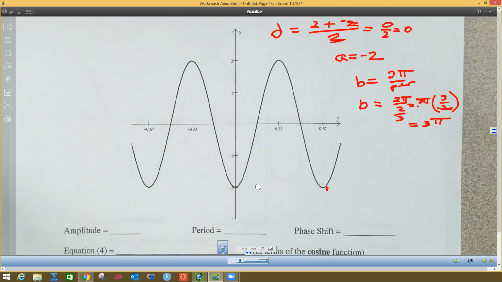Okay, so there's B. Now we're going to get C. I'm starting at a min, so that means on this one, C is 0. Okay, so let's write the equation down here.